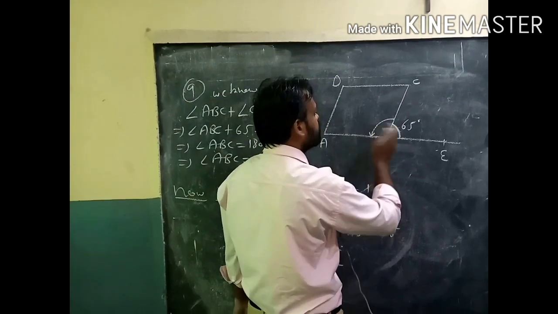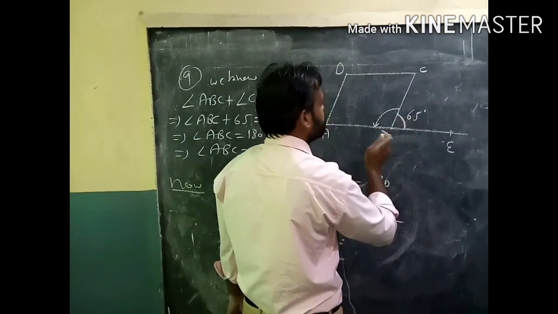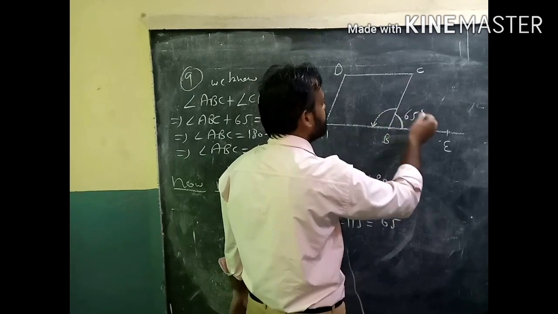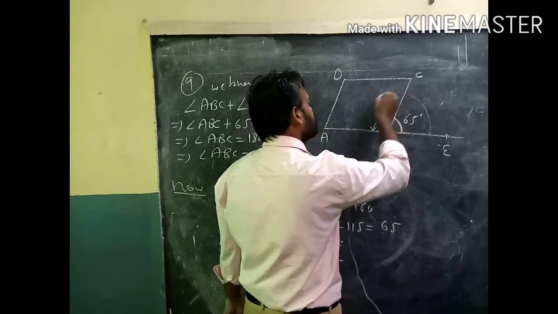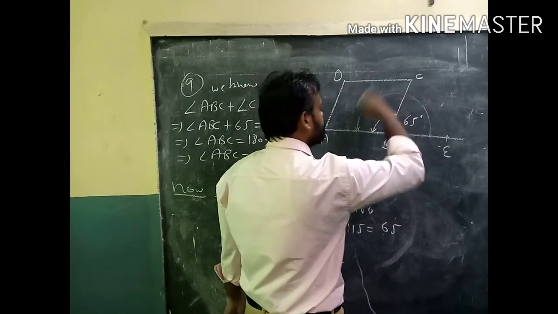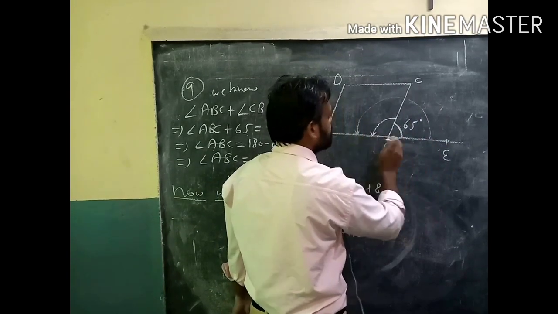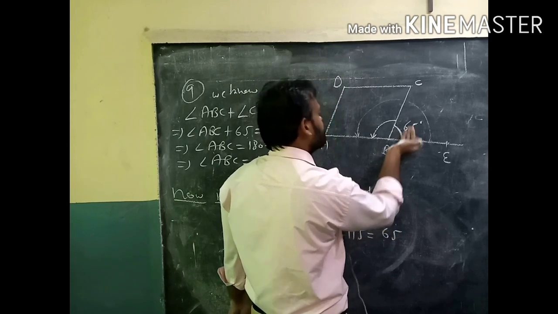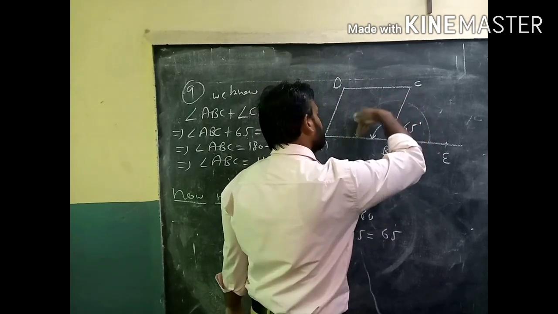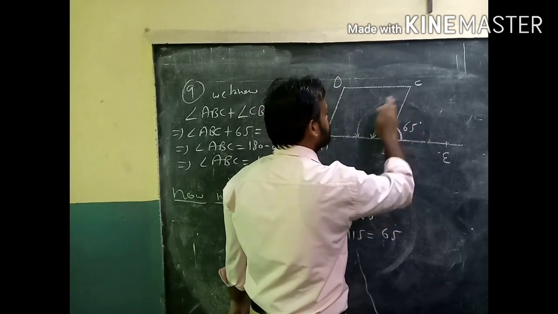So this angle 65 and this angle ABC are a linear pair, and of course the sum of these two angles will be equal to 180 because they are formed on a line.